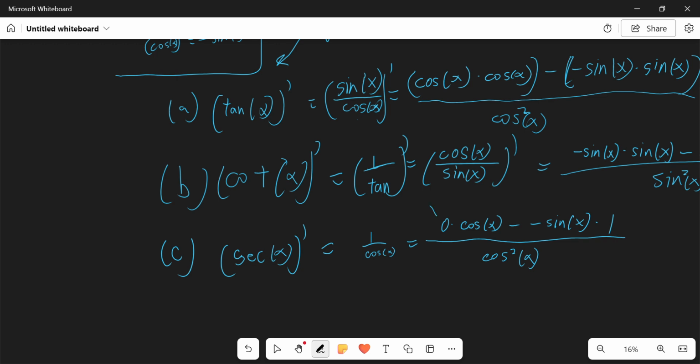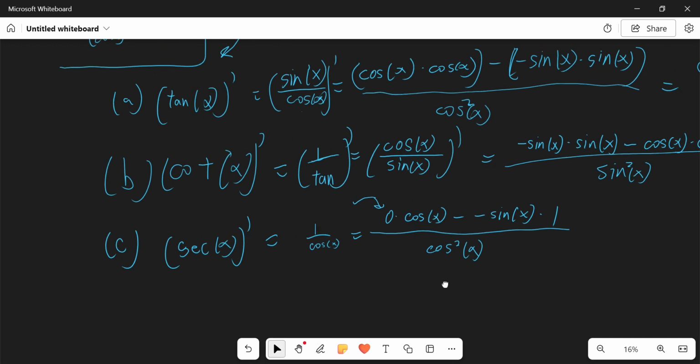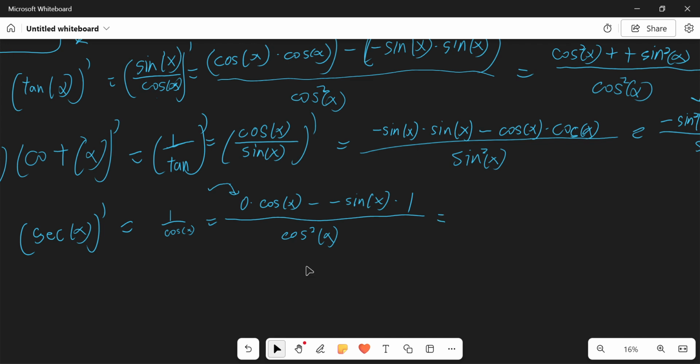Why is it 0, you might ask? Well, deriving a constant just equals 0, one of the fun facts of derivatives. So 0 minus negative sine x, which would just become plus, and there's going to be plus sine x over cosine squared x.